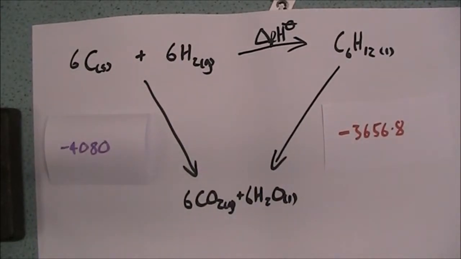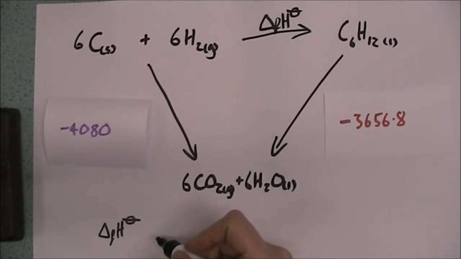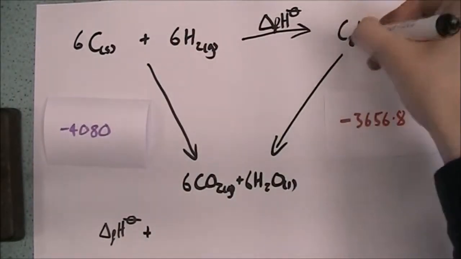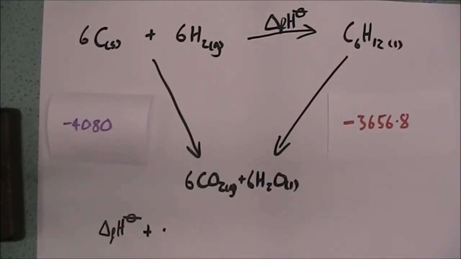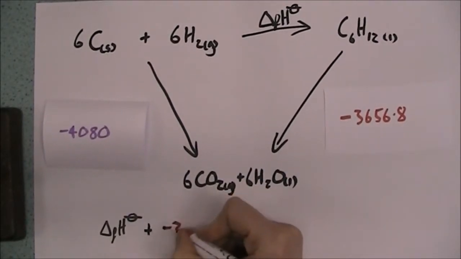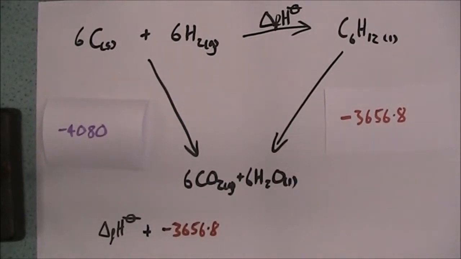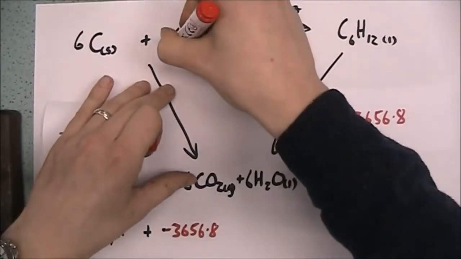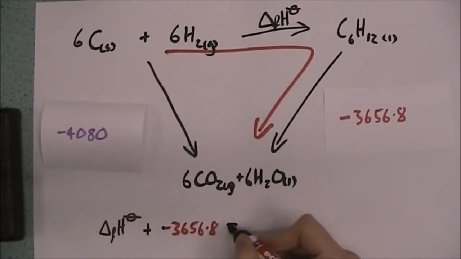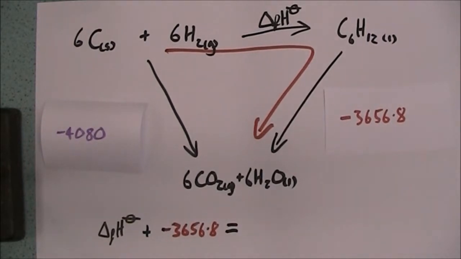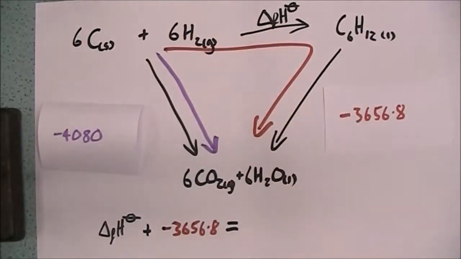So when we come to write our equation, our standard ΔfH will be added to, because that's this way round, minus 3656.8, and I'm going to call that the red route, and that will equal what I'm going to call the purple route. They go to the same place, so they must be equal.